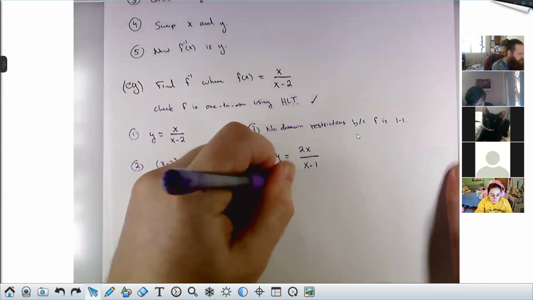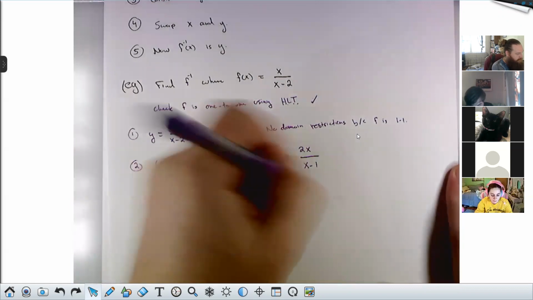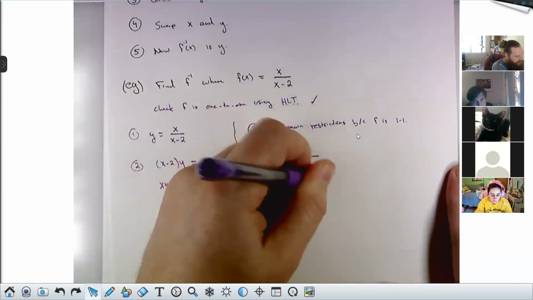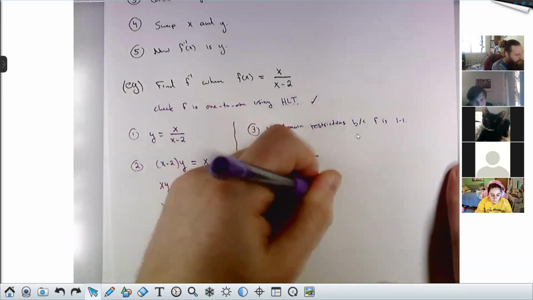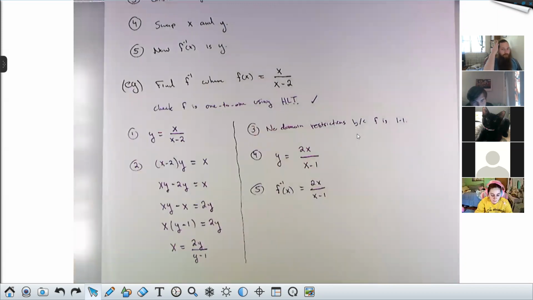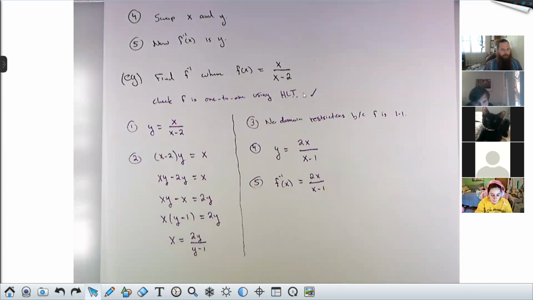So I just relabel this as f inverse of x equals 2x over x minus 1. And this is your inverse function. The original function in black up here is 1-to-1, so it has an inverse, and that inverse is this guy in purple here. Or so I claim.